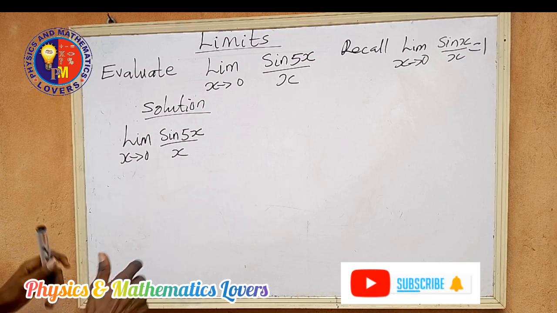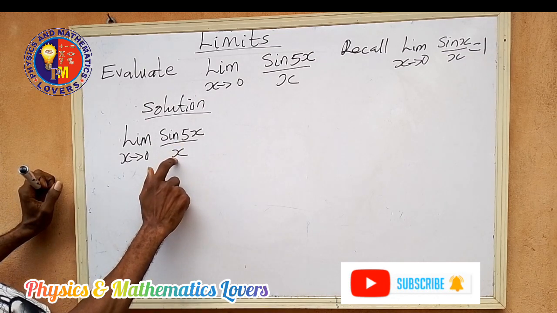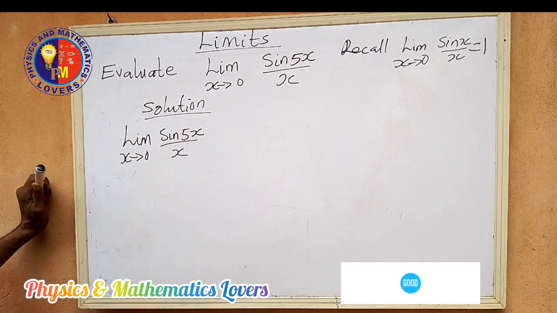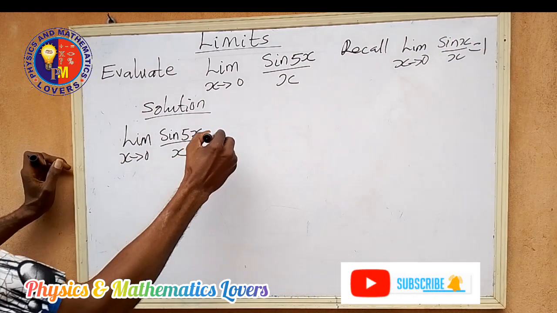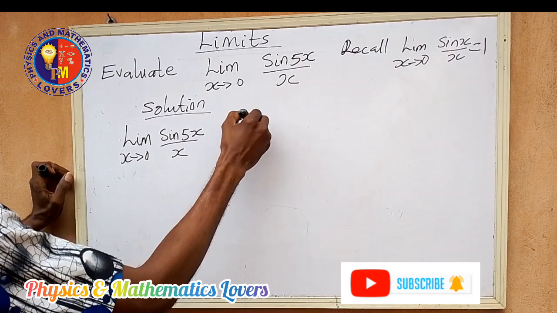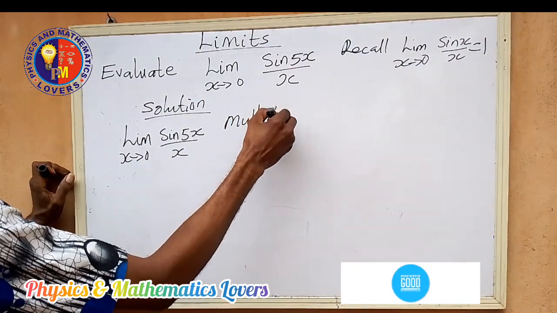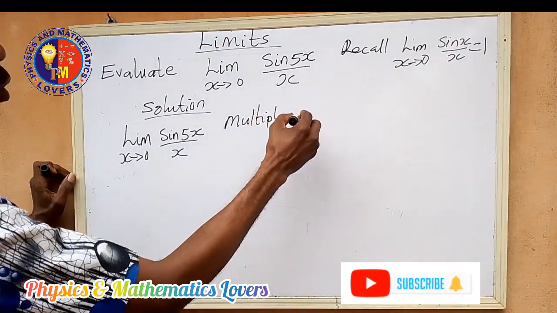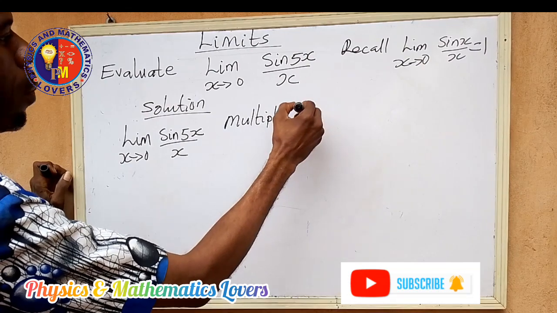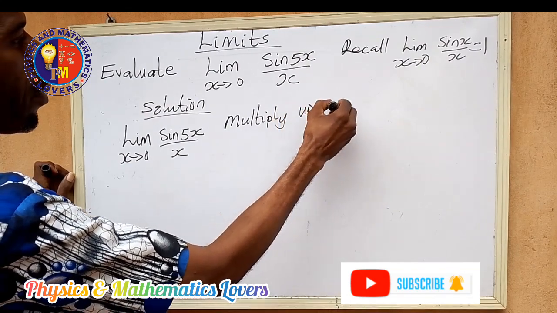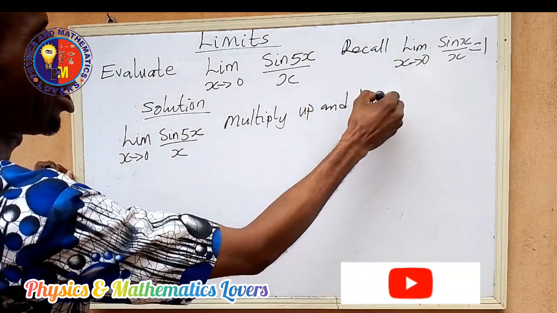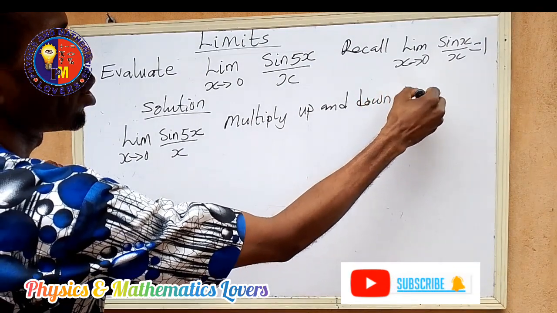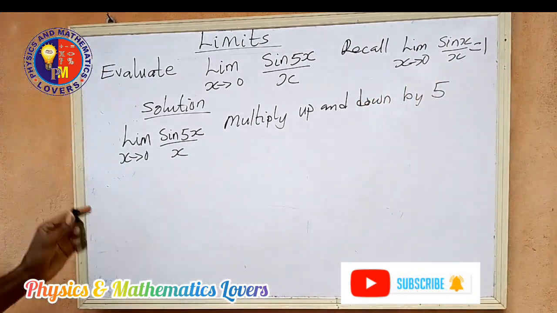What you do now is find a way to make this x here to have 5x. So what do we do? We have to multiply up and down by 5.